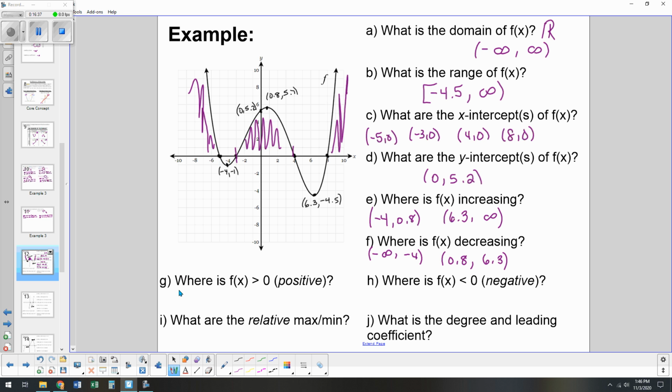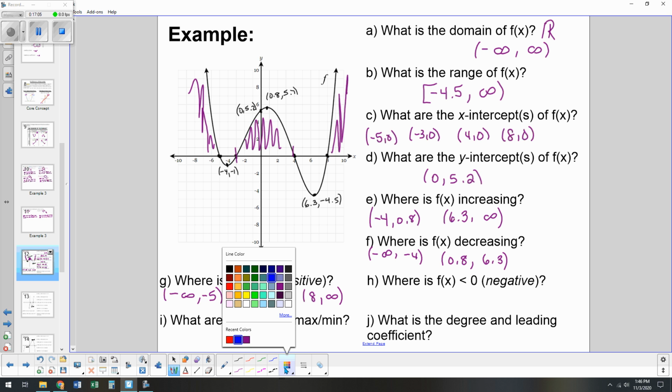So that means from negative infinity, oh, that's an 8, to the -5, we're positive. From -3 to 4, we're positive. And from 8 for the rest of infinity, we're positive.